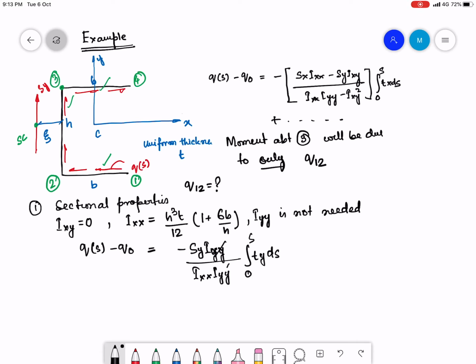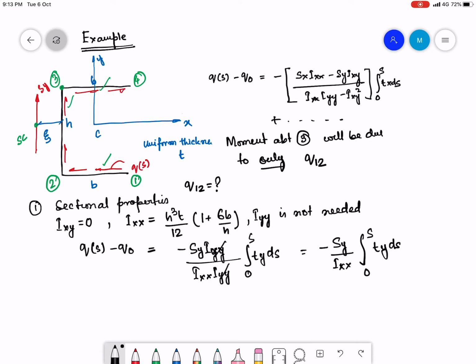So this is going to cancel out, so I will have minus Sy by Ixx into the integral from 0 to s of y ds. Okay, so that is the only expression that is required. So I don't need to calculate Iyy.